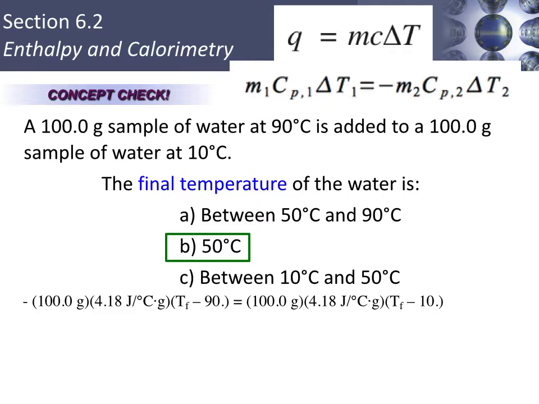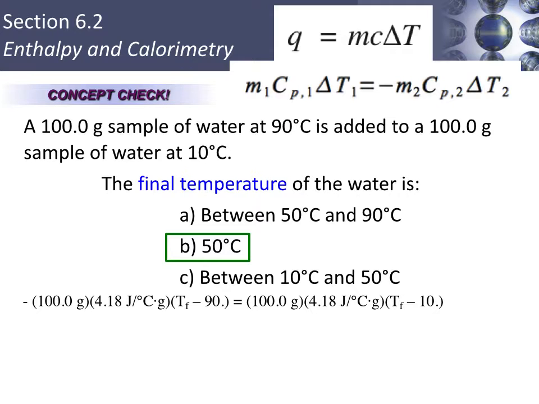So with the specific problem that we have here, you have 100 grams times the specific heat of water times the final temperature minus 90. What that means is one of the solutions started at 90 degrees Celsius and it's going to end at some final temperature, and you don't know what that final temperature is, so you can just put T sub F to indicate the final temperature.